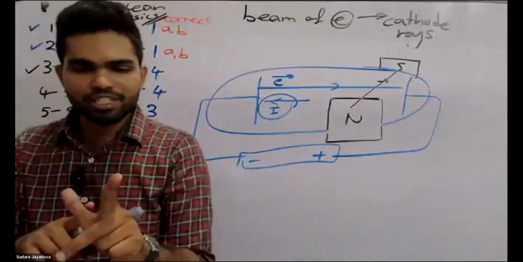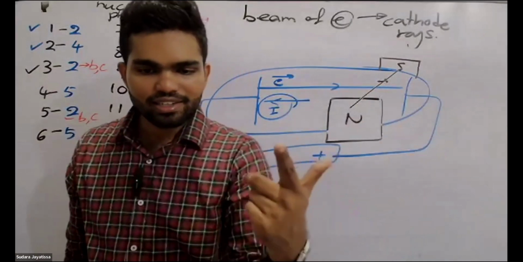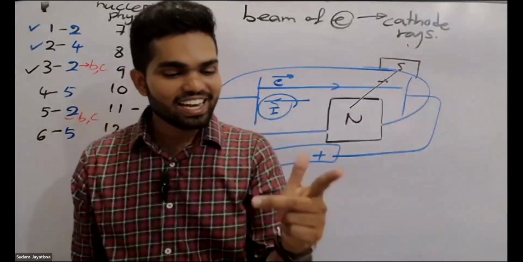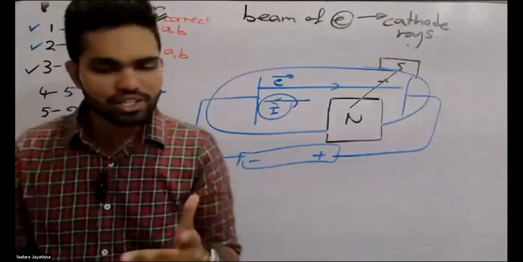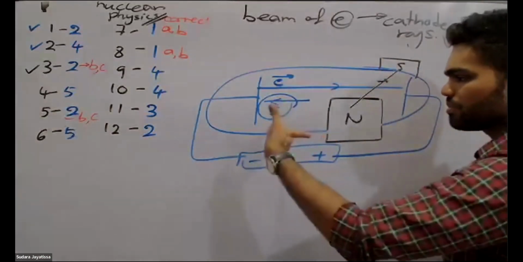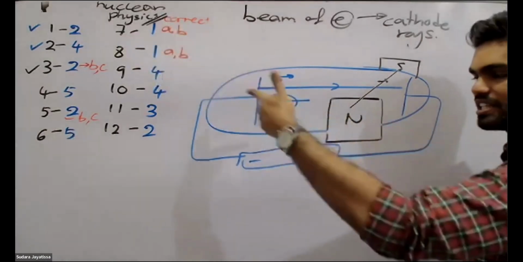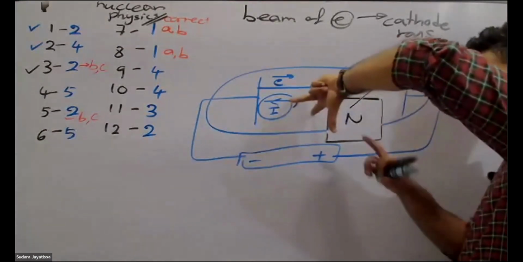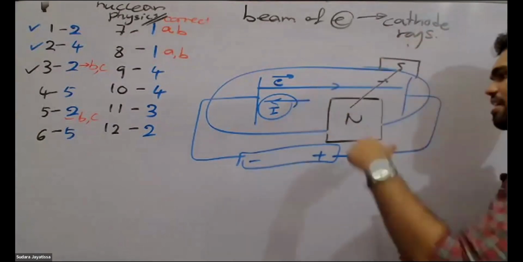The thumb represents the force, the index finger represents the direction of the magnetic field, and the middle finger represents the direction of the current. If you apply that here, with the index finger to the board and the current direction to the other side, I have to turn my hand like this, and my thumb is pointed directly downward. Understand?